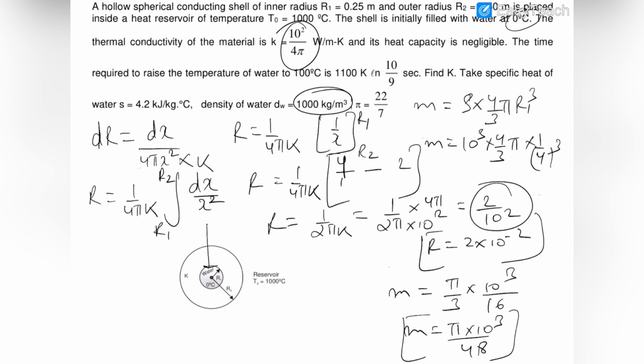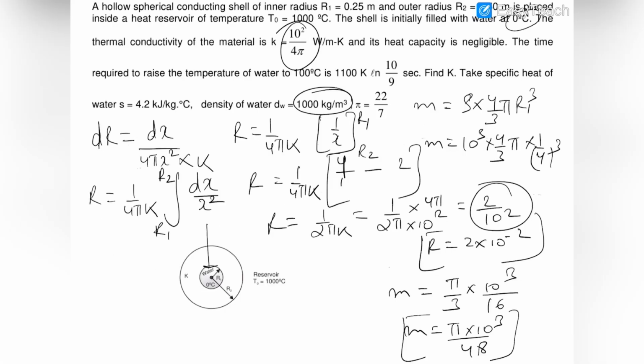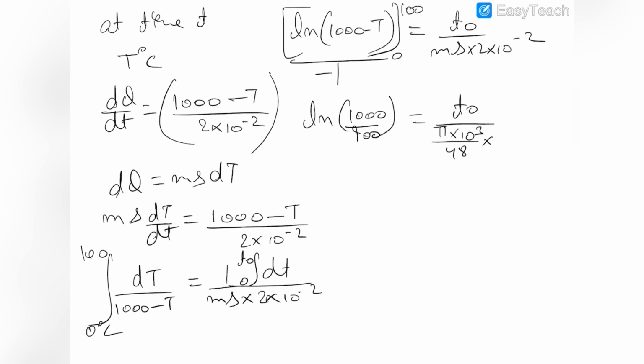It is pi into 10 raised to power 3 by 48. And s is equal to this one, 4.2 into 10 raised to power 3. And this is 2 into 10 raised to power minus 2. So T0 will be, this is 24.